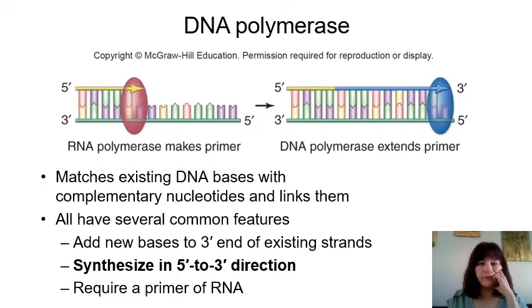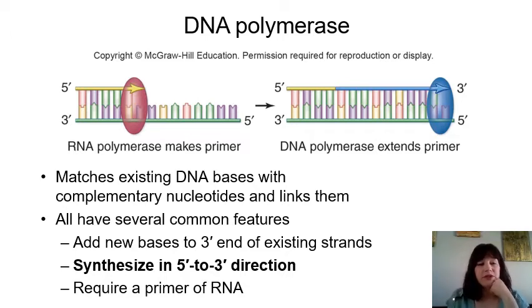Now, let's talk more about this DNA polymerase. In order for a polymerase to work, it finds bases that are complementary to the bases in the existing DNA strand, recruits them, and helps to bind and attach them. First, an RNA polymerase has to make a primer.